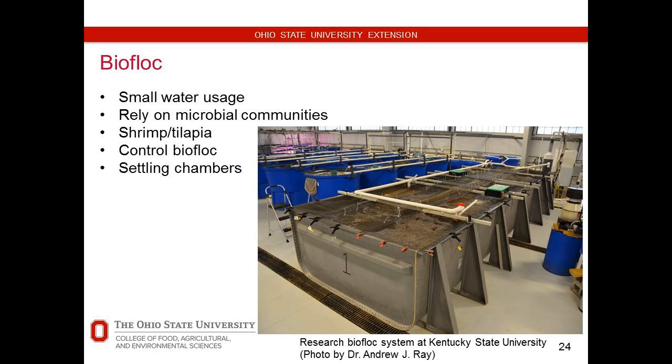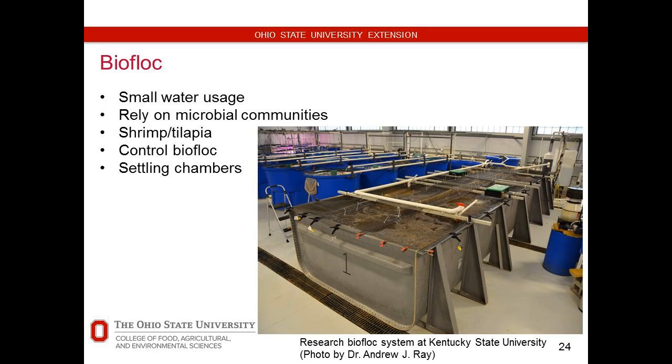They're the same bacteria that nitrify and break that down from ammonia to nitrite to nitrate. If you've got enough floc in here, they can develop in high enough quantities that they can actually do the same thing.